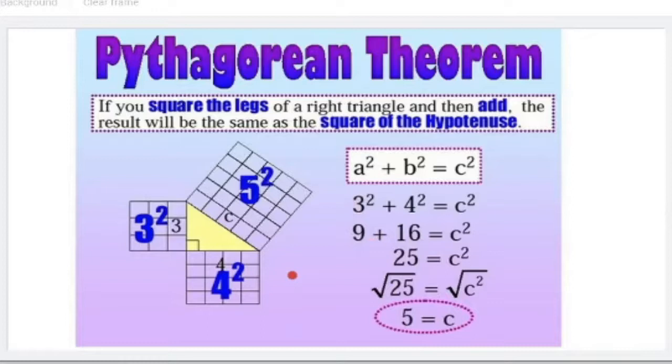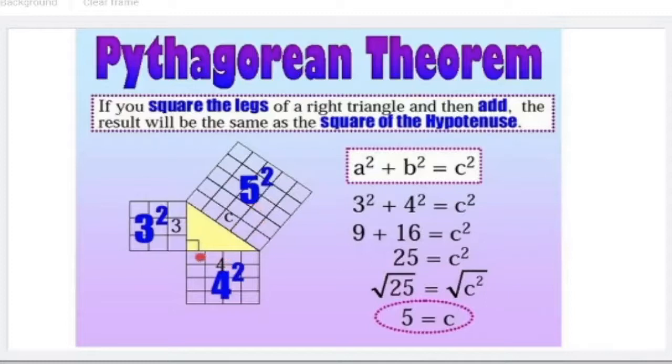So geometrically we can see, suppose we have a right angle triangle, the base is 4 centimeter, the altitude is 3 centimeter and the hypotenuse is 5 centimeter.